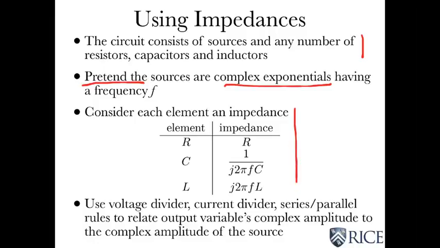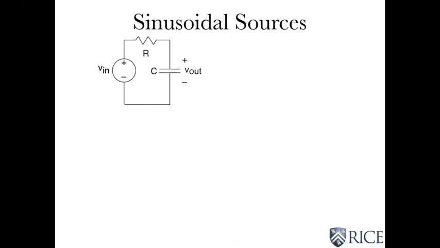We replace every element by its appropriate impedance, whatever it may be, and then we can use what we learned from resistive circuits, voltage divider, current divider, series parallel relations, to figure out how the output variable's complex amplitude is related to the complex amplitude of the source. Okay, so that's what we learned last time, except now we want to handle more real-world sources than complex exponentials. So what we did is we applied it to our simple RC circuit.